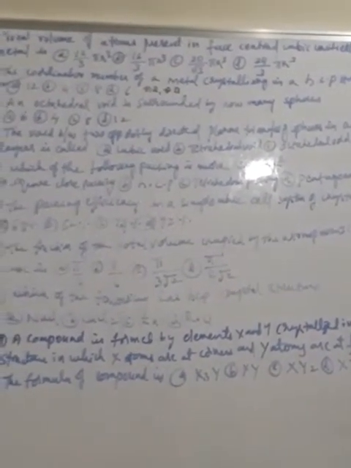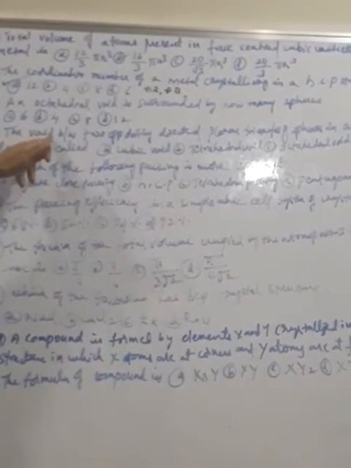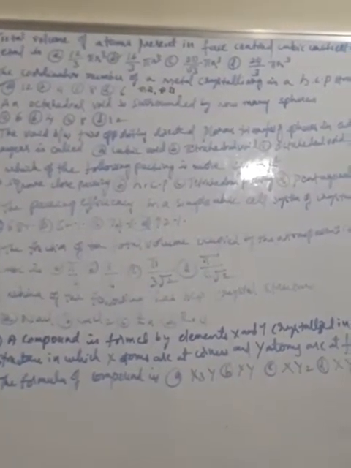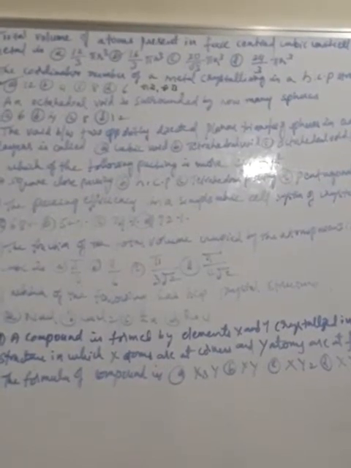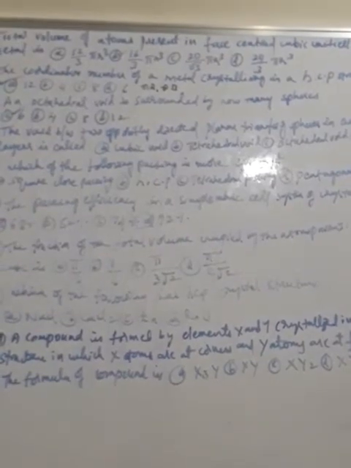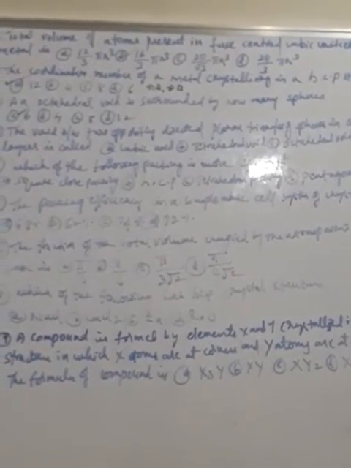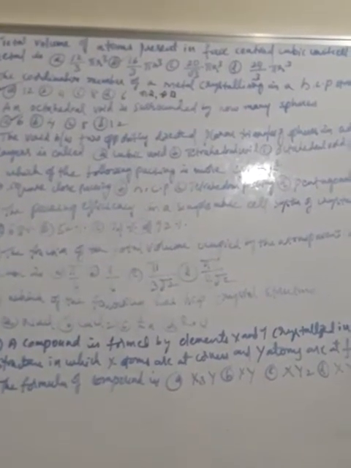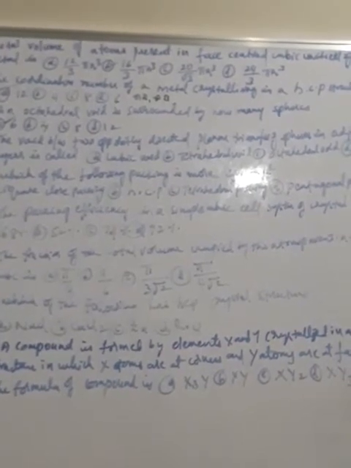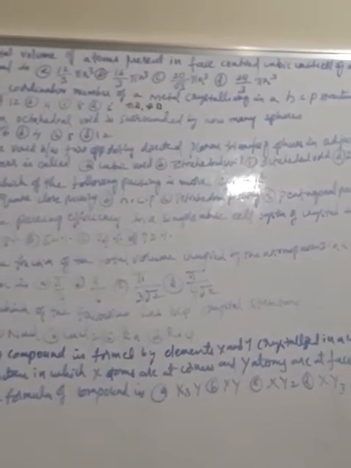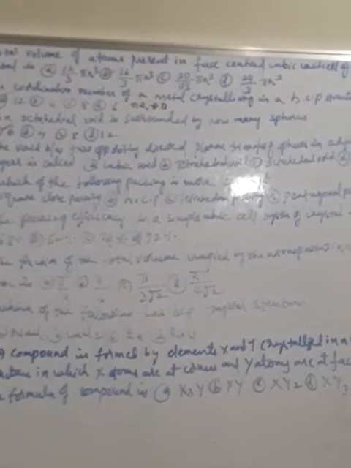And an octahedral void is surrounded by how many spheres? Just now I told, an octahedral void is surrounded by 6 spheres. The void between two oppositely directed planar triangles of spheres in adjacent layers is called an octahedral void.